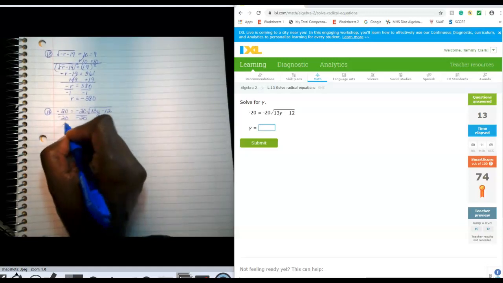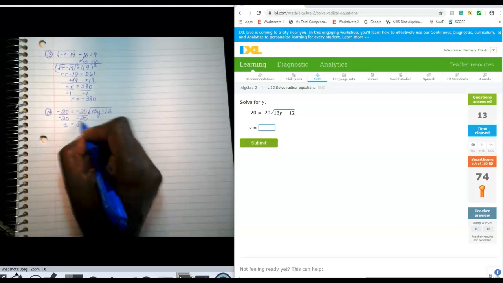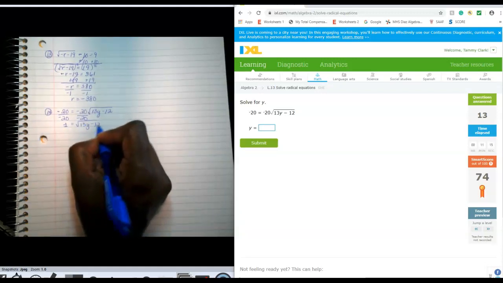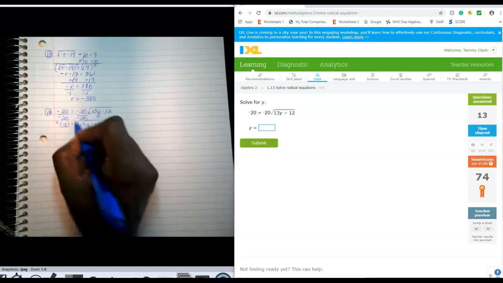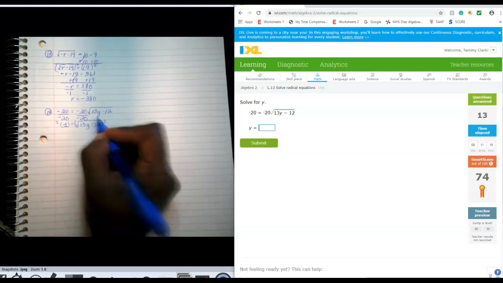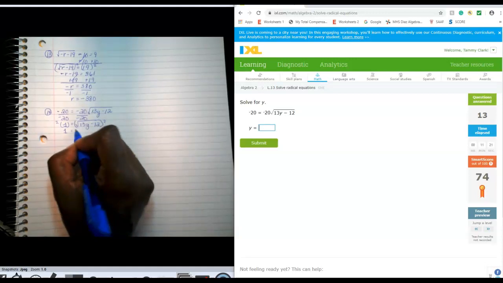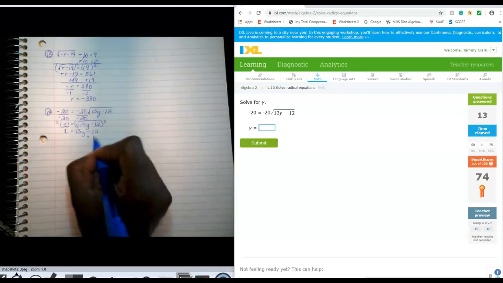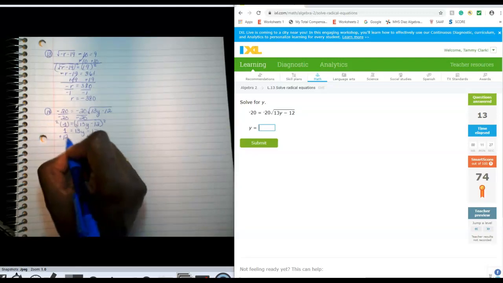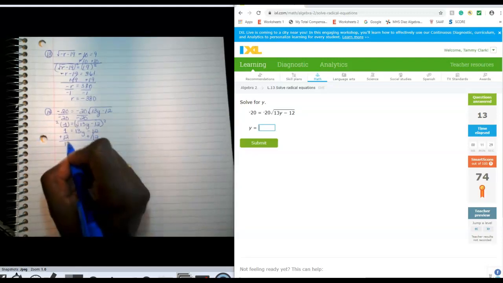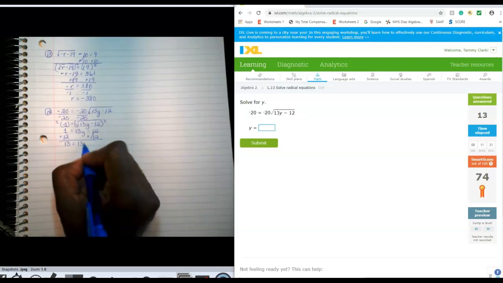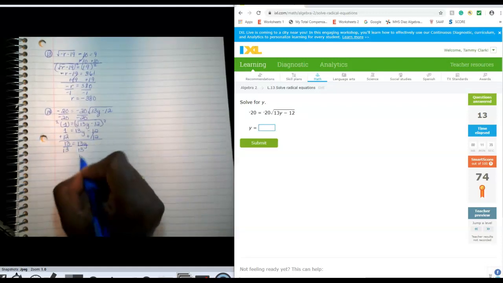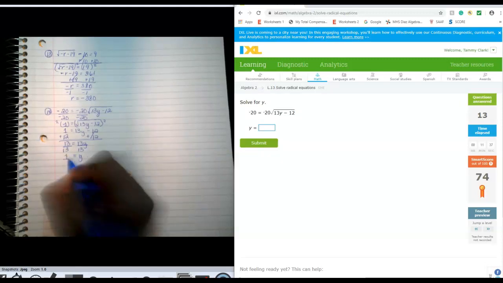And that leaves us with 1 is equal to the square root of 13y minus 12. Square both sides. We're left with 1 is equal to 13y minus 12. Let's add 12 to both sides of the equation. That leaves us 13 is equal to 13y. We want y alone, so divide by 13 on both sides of the equation, and y is equal to 1.